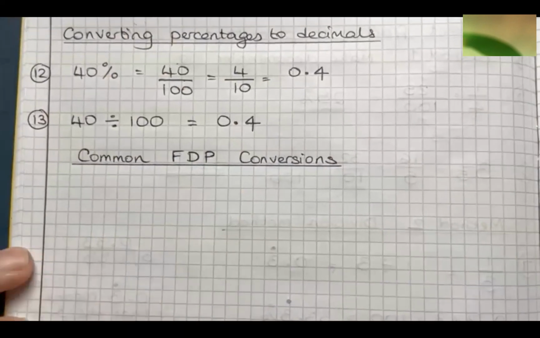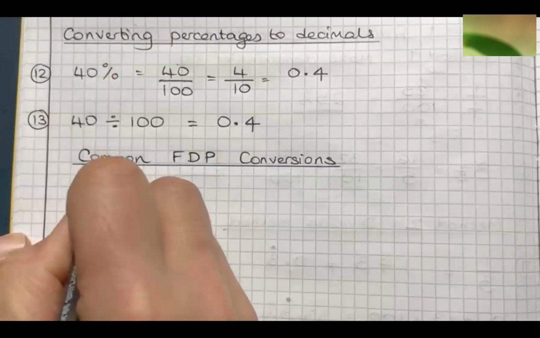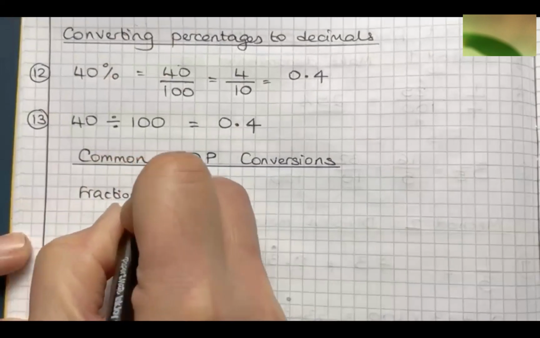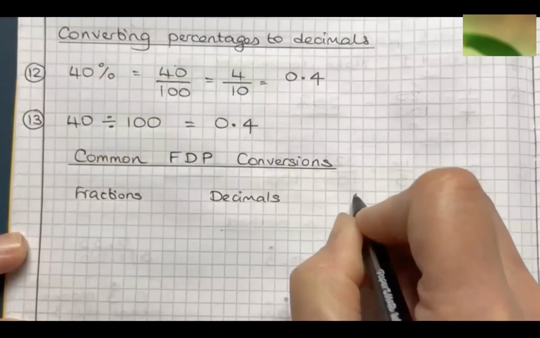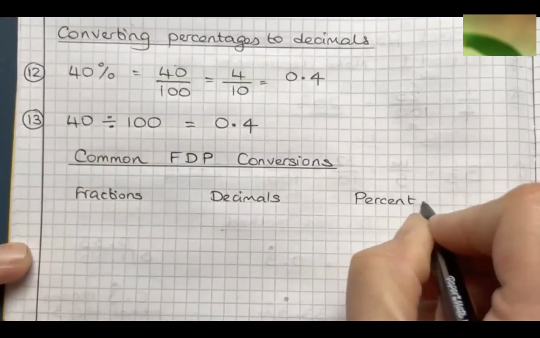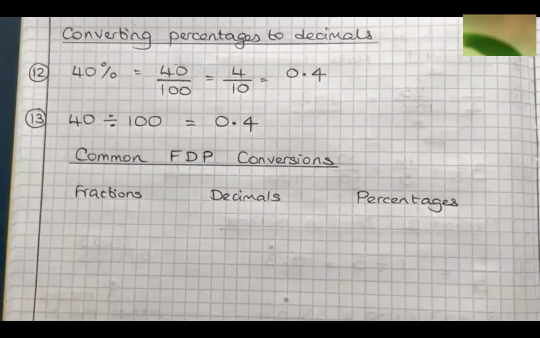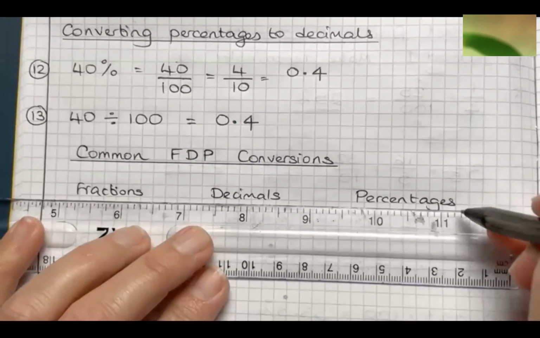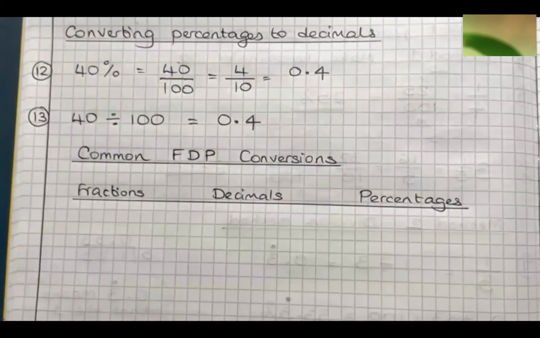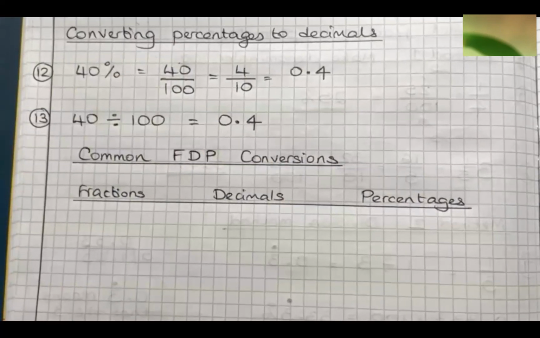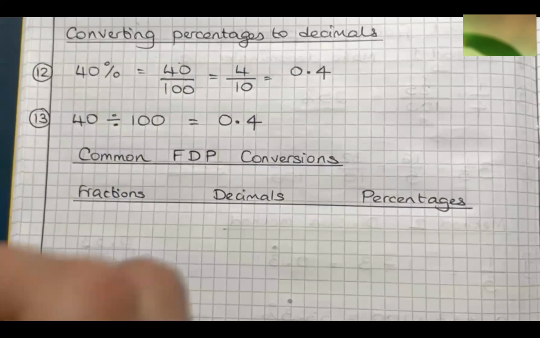So I'm just going to do a few. You can probably set it out far more neatly than me because I'm just going to do it very quickly. Fractions, decimals, and percentages. 3 quick headings. And then I'm not going to do, obviously, loads. I'll just do a few key ones that sort of tend to come up again and again.